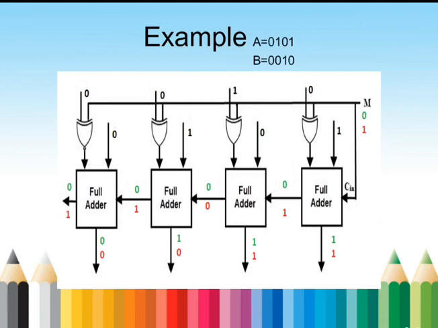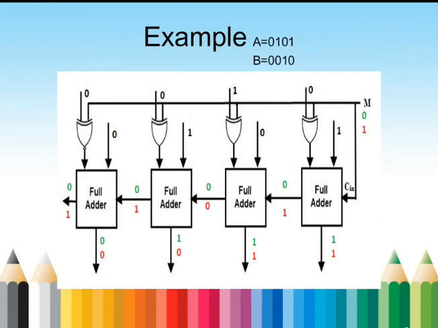Similarly for the second full adder, m is 0, so Cin is also 0. m is connected to the XOR gate from the B input to the full adder circuit. To find the sum S1, it is 0 XOR 1 XOR 0, which is 1.